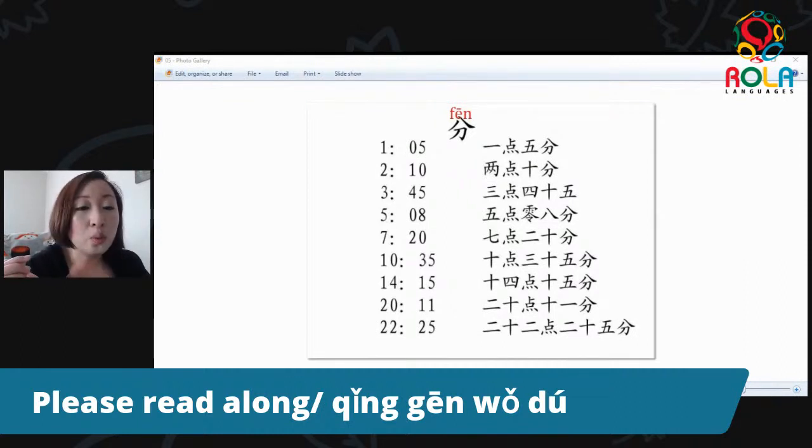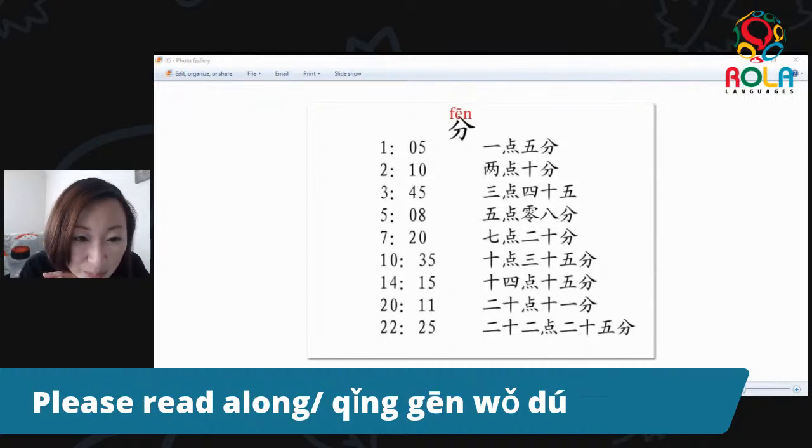You can go 5点8分 or you can read out the 0, 5点08分. It's either way, kind of according to your preference. But I would say both ways would do. Some people are more accustomed to without the 0, to avoid confusion. Well, it's up to you which one you like to adopt.